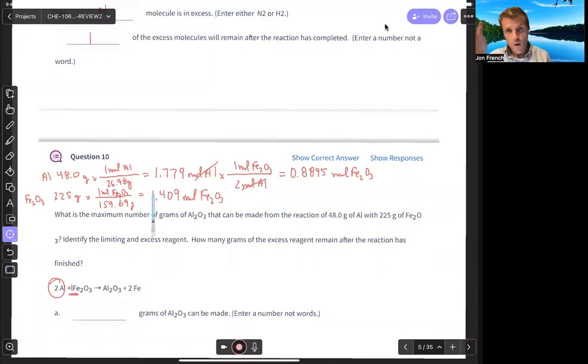I actually have 1.4 in the reaction. So that tells me the excess and limiting reagent. The excess reagent is the iron 3 oxide because I have more than I need. The limiting reagent is going to be the aluminum because when all of that aluminum reacts, I'll have only used 0.8895 moles of the iron 3 oxide.